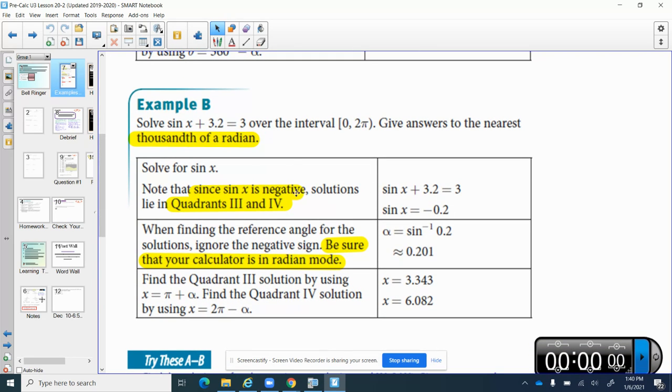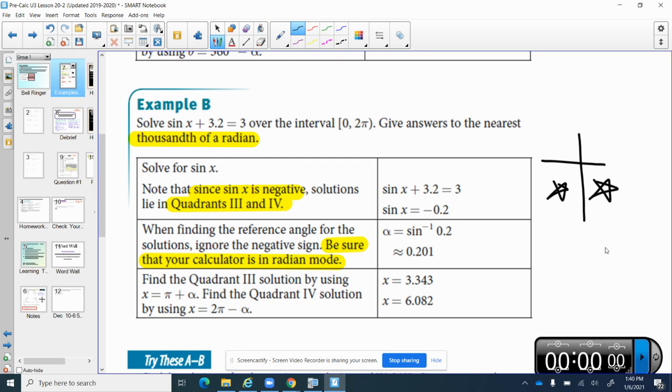Now, this time when we start solving this equation, what we find is that we get sine in a negative situation. And we know sine is negative in 2 places, in quadrant 3 and quadrant 4. So when we type this in, we get the quadrant 1 value as our reference angle, in this case, 0.201 radian.